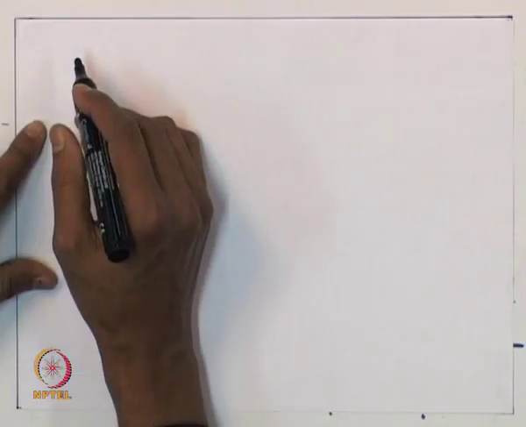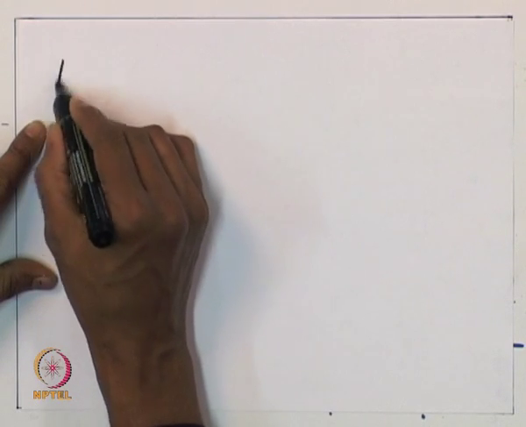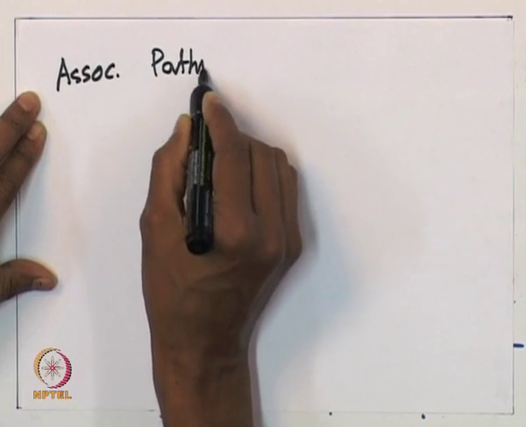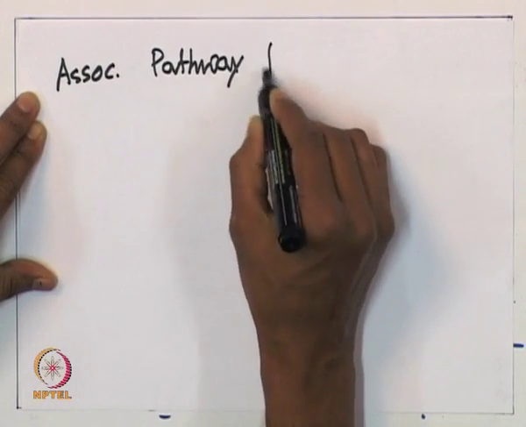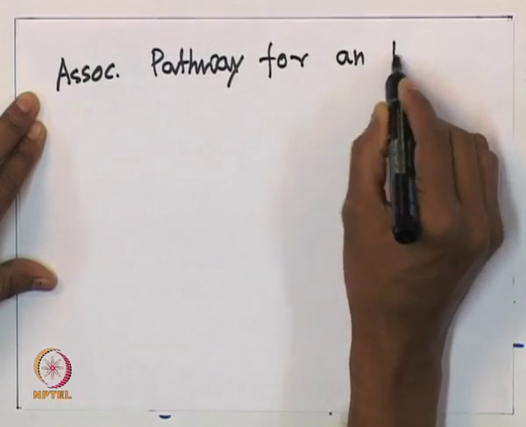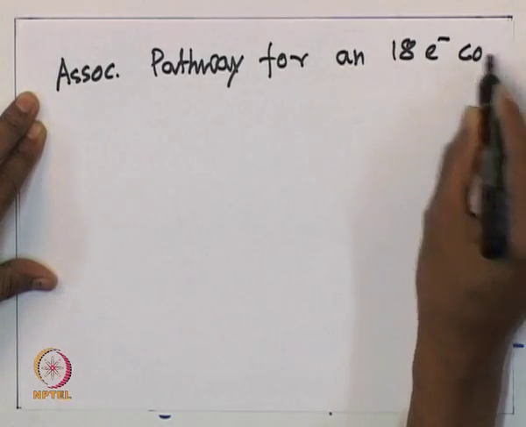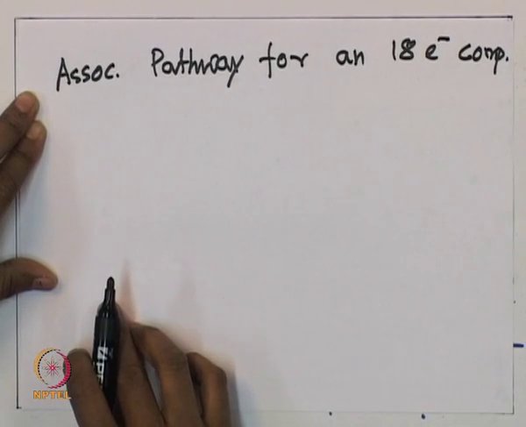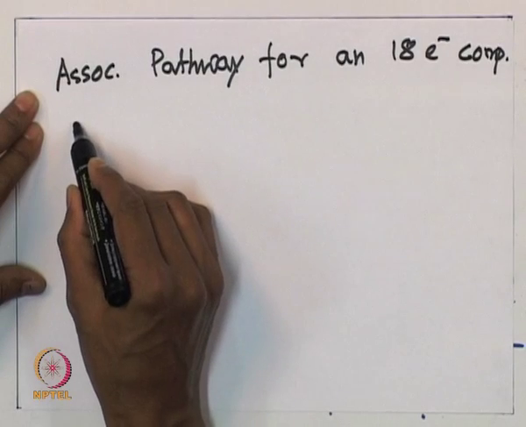Let us try to take one of the examples. Well, once again it is not a norm, it is a special case, an associative pathway for an 18 electron complex. What we have learned so far, an 18 electron complex should undergo a dissociative pathway, but here we will see an associative pathway.